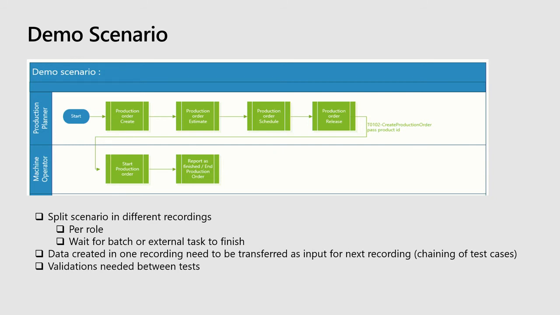It would just have this variable that comes from outside. When you record the estimate one, you'll type in the ID, but then when you chain it together, you can use the variable in the test scenario, which is multiple test cases, to replace that value with the variable.